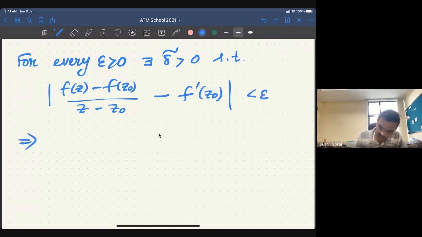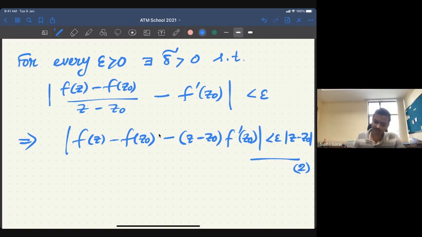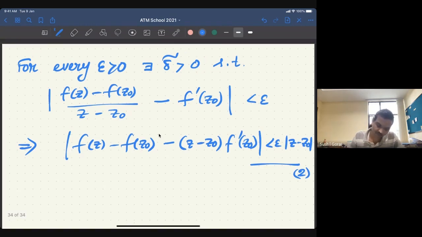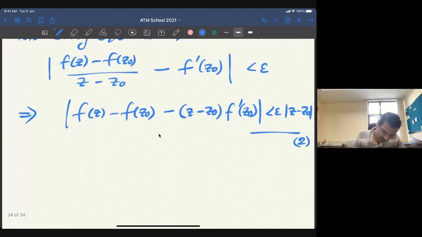This implies mod of f(z) minus f(z0) minus (z minus z0) times f prime z0 is less than epsilon times mod z minus z0. Call this 2. All right. So this is important. And what is this delta? Such that z minus z0 less than delta tilde. So we can take delta tilde less than delta.